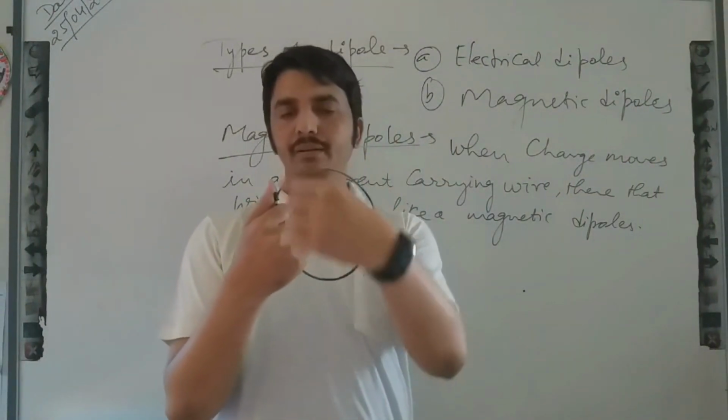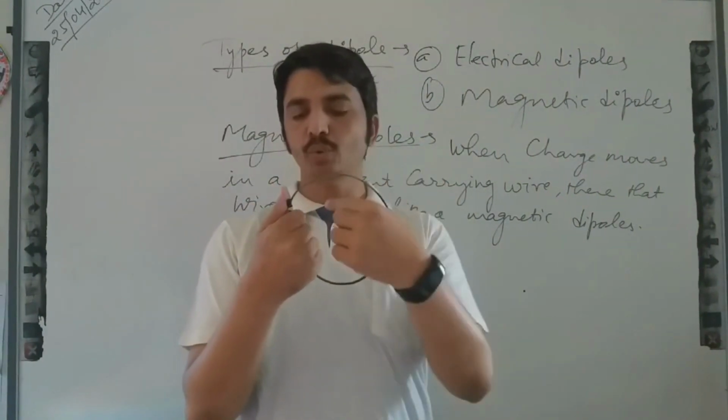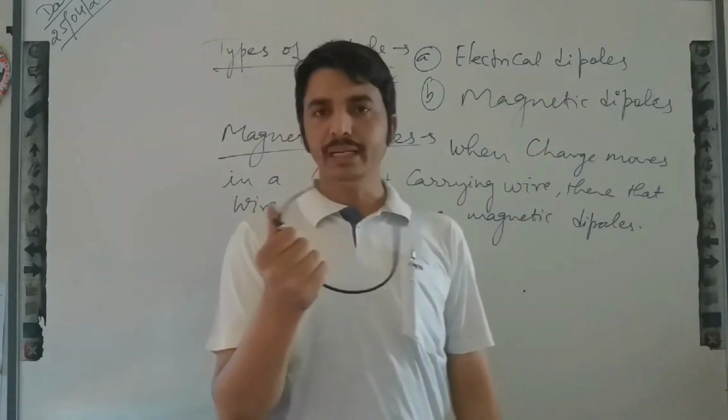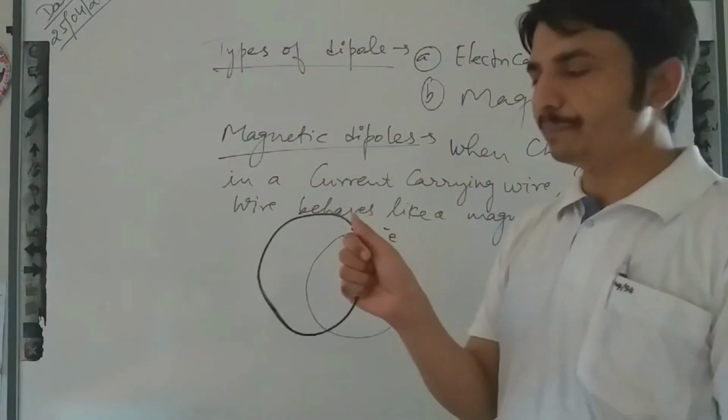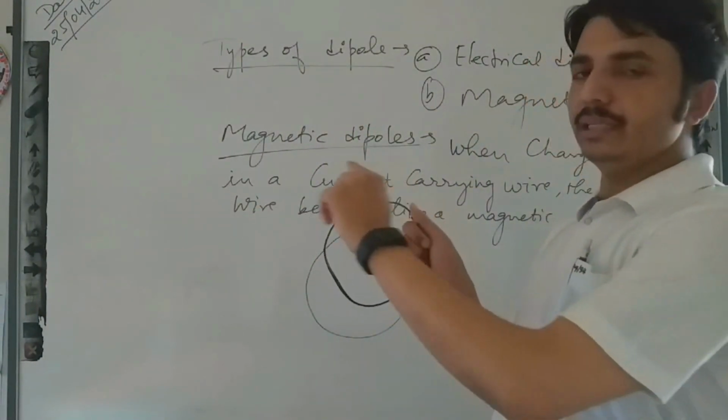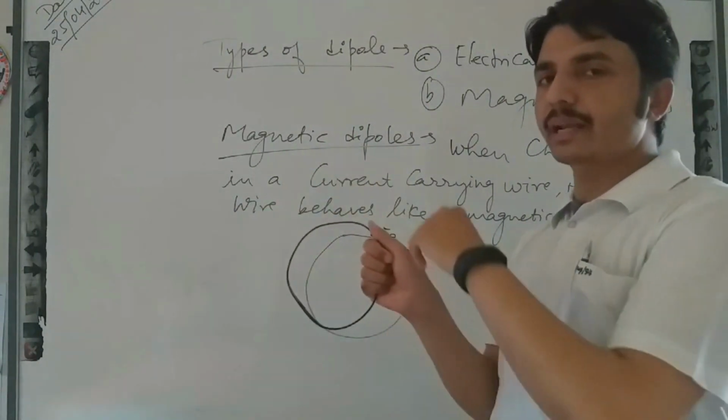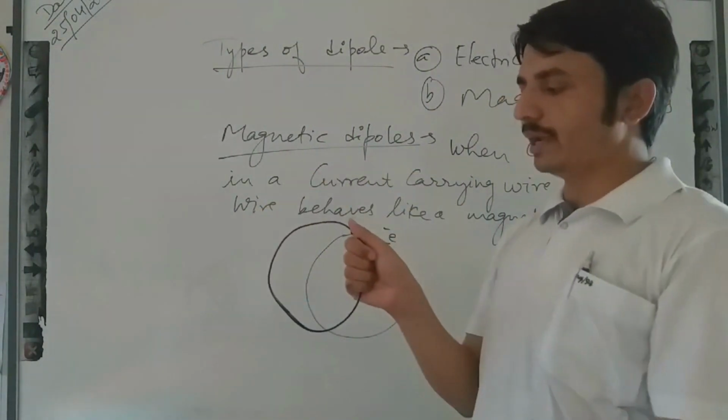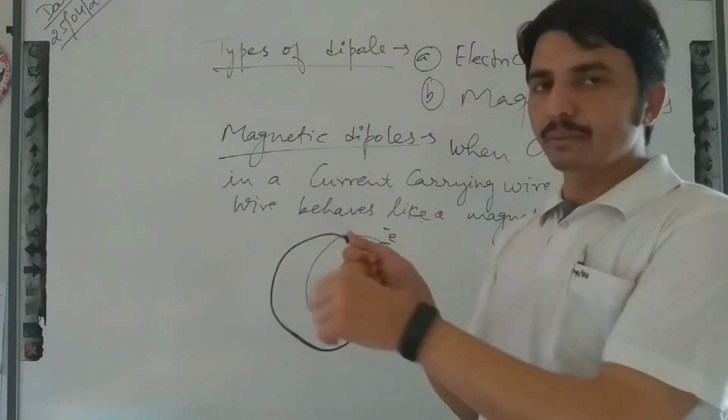So this end appears as the south end. Okay, when I turn this, then what will happen? This thumb is in the anti-clockwise direction, the direction of the current is anti-clockwise, then this end behaves like a north.